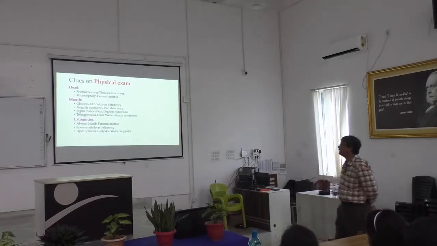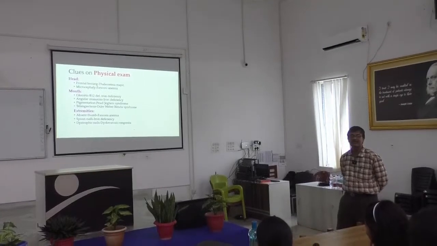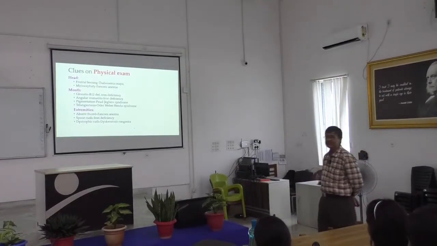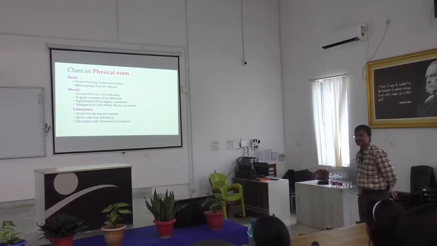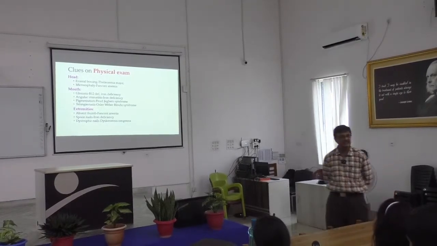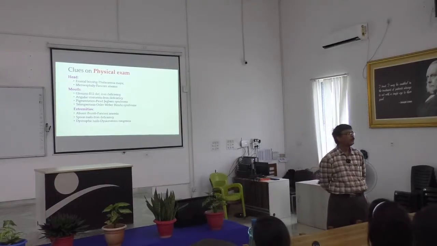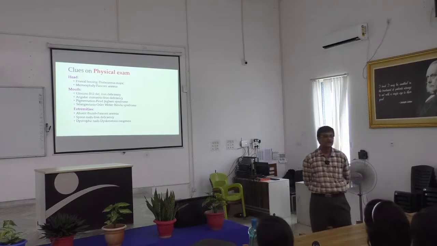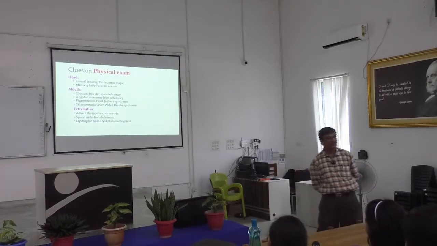Platynychia, koilonychia, all these happen in iron deficiency. Dystrophic nails in dyskeratosis, because dyskeratosis is a disease of collagen, and keratin is part of the collagen tissue.